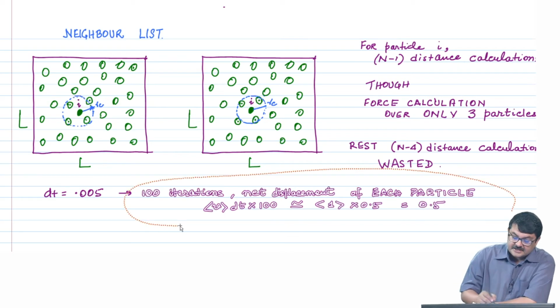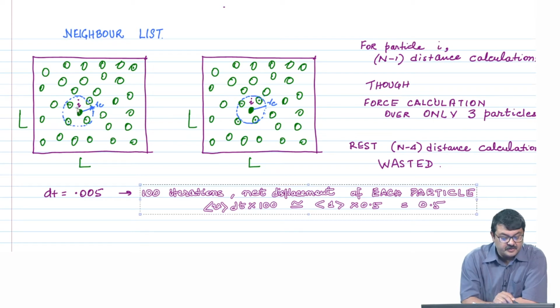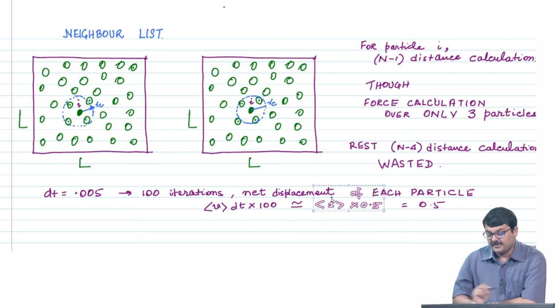And if you consider 100 iterations, each particle is moving, but if you just focus on particle I, it would have moved a distance of around v dt into 100 iterations, that is 0.005 into 100, which is around 0.5. This is not much.